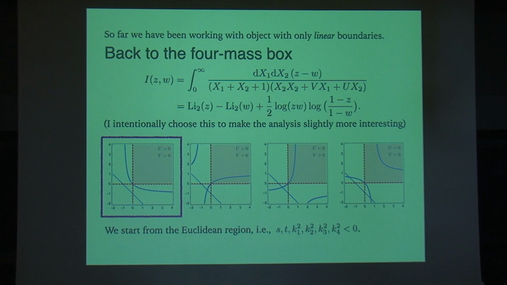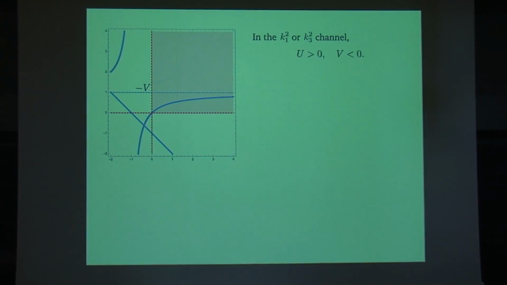It actually doesn't matter. Now, the interesting thing is to look at what happens in such pictures, where we have an intersection, and the intersection is not a line. For example, if we look at the K1 channel, the particle 1 channel or particle 3 channel, we get u to be positive but v negative, and the picture looks like this.